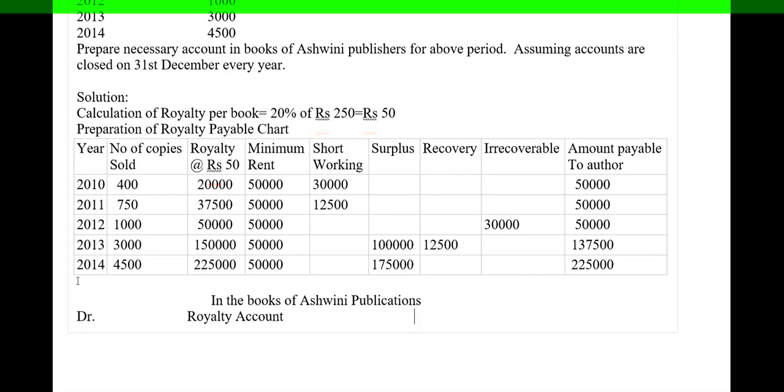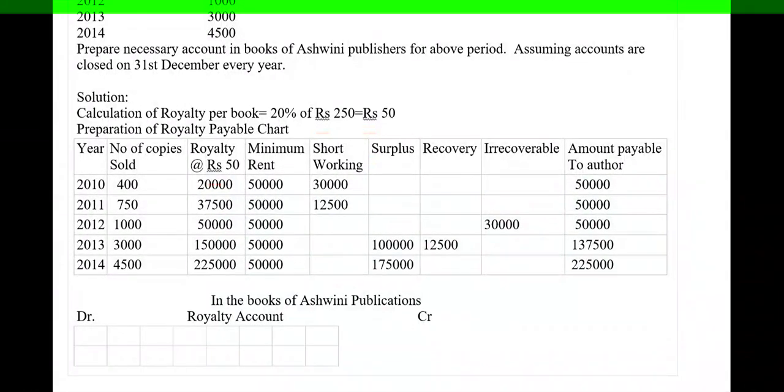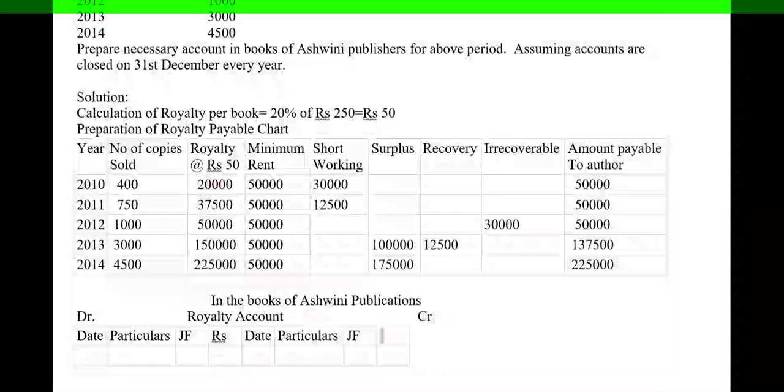So let's write down here credit. Let me insert a table here. So date, particulars, JF, rupees, date, particulars, JF, rupees. Now this royalty is payable at the end of the year.